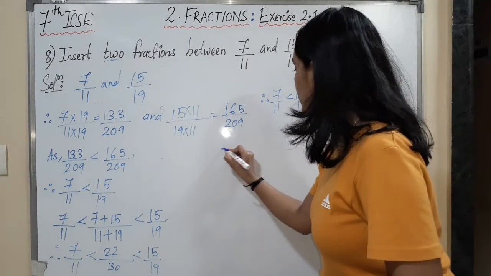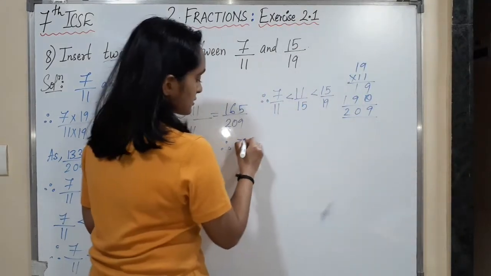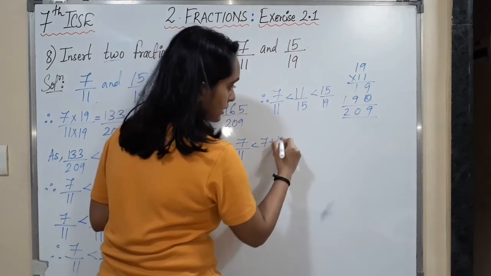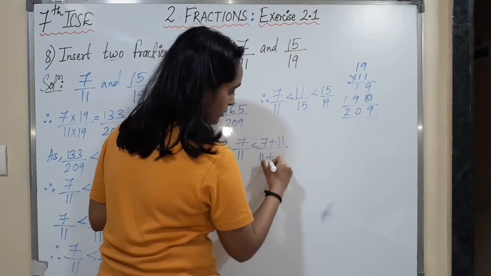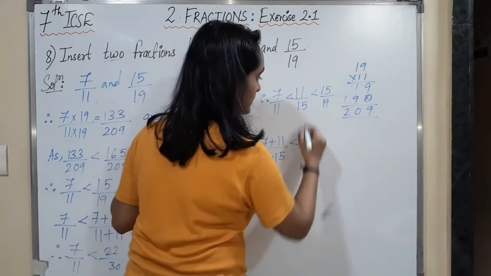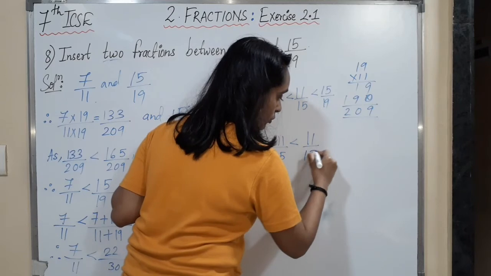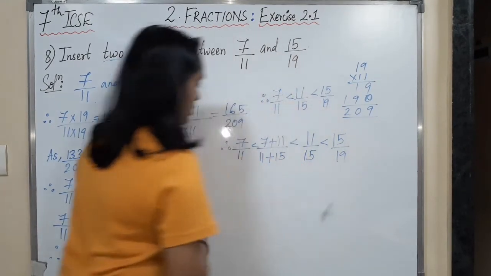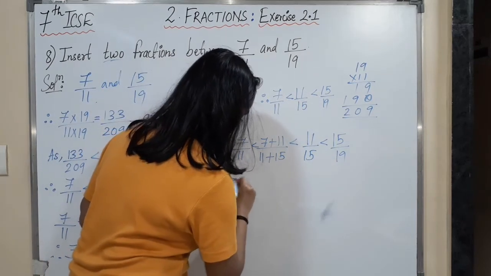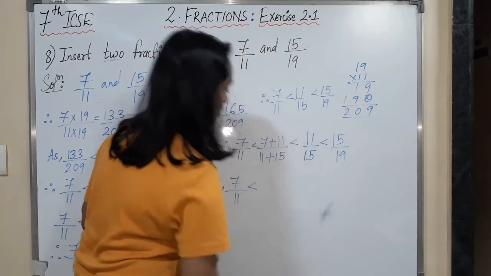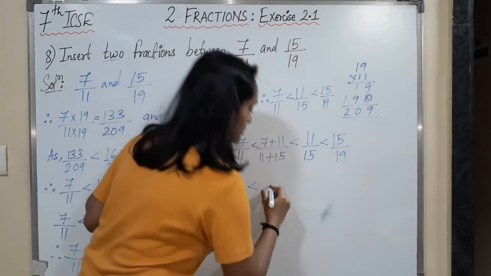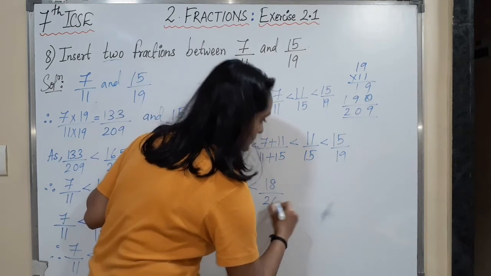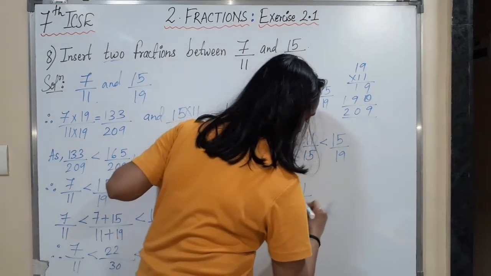So you will get 7 upon 11 is less than 7 plus 11 upon 11 plus 15, which is less than 11 upon 15, which is again less than 15 upon 19. So 18 upon 26 is less than 11 upon 15.